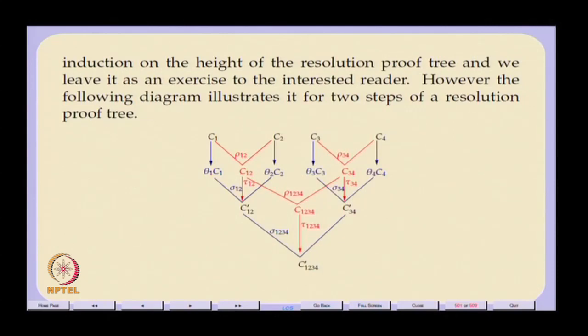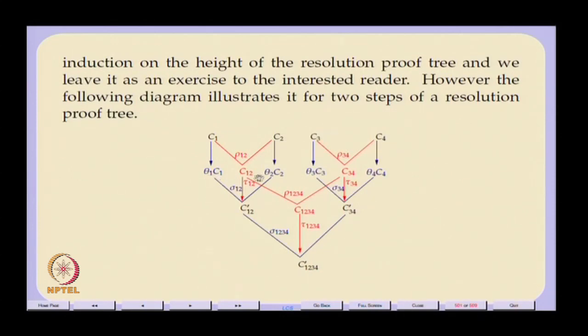And I am not going to go through the details of that, but here is a simple illustration where there are two steps of resolution. So, the blue ones are all the ground ones, right, okay. So, let us assume that C prime 1 2 3 4 is the empty clause, and it is derived from these 4 clauses C1, C2, C3, C4.